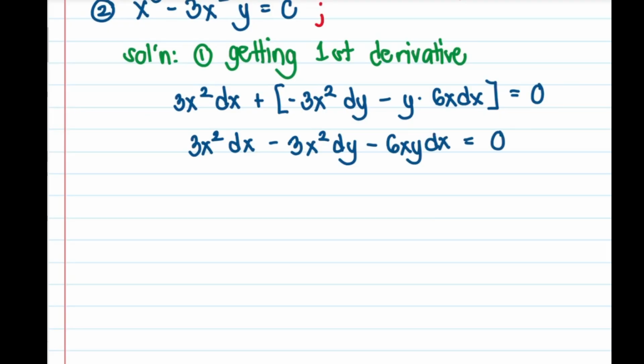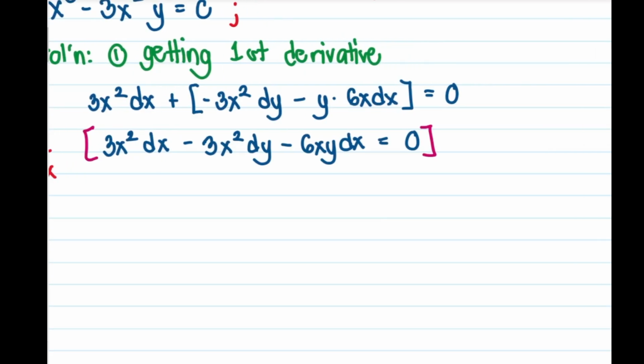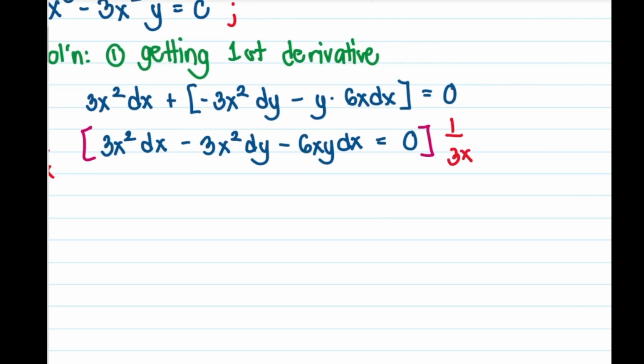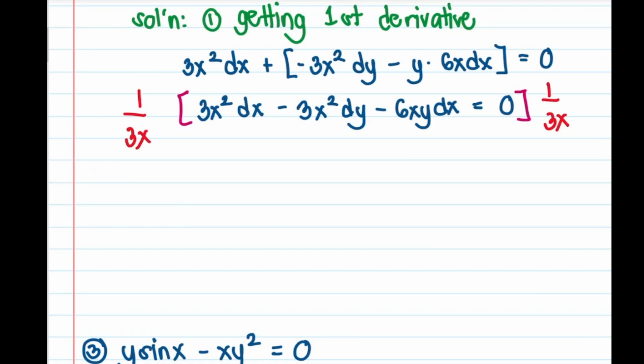Okay, so since we have a common factor here, we can divide both sides by 3x. So that one will be here 1 over 3x. Okay? So the equation will then be like this.